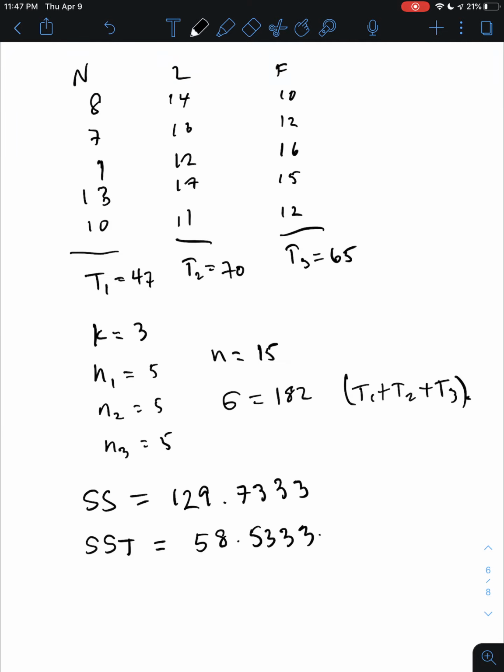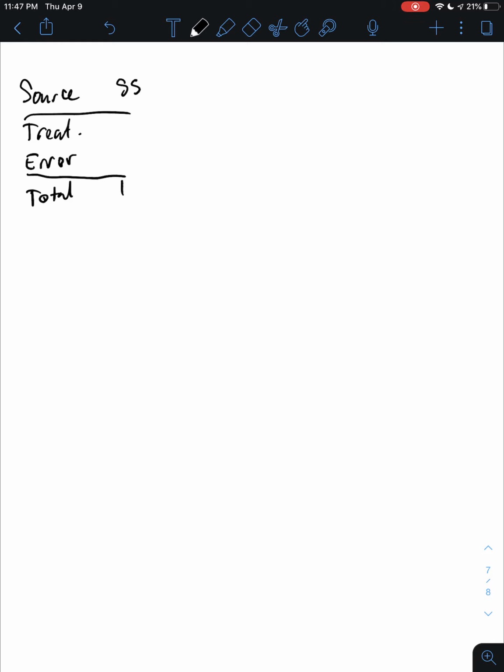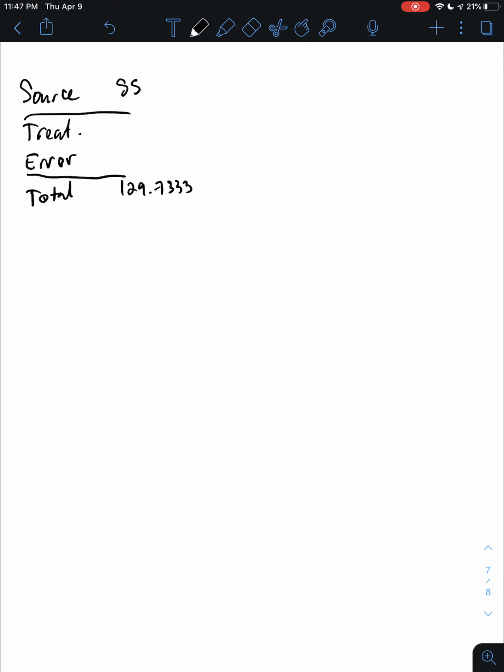Source: treatments, errors, total. We're going to look at the sum of squares. Total is 129.7333. The treatments was 58.5333.